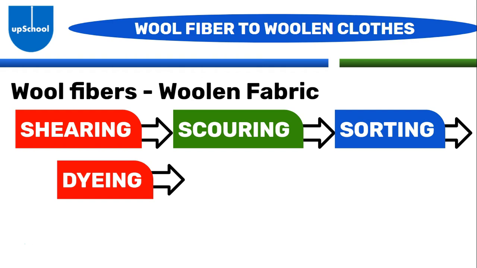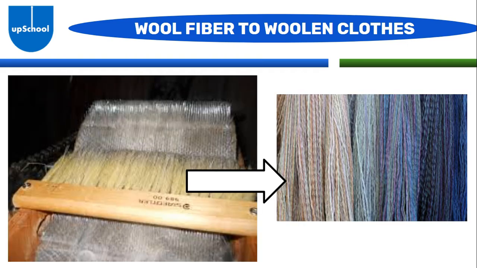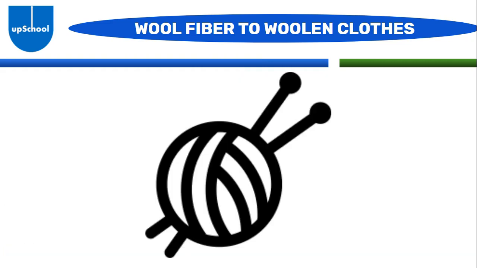So after dyeing, the next step of turning wool fiber into woolen fabric is straightening. Obviously, the woolen fibers are kind of in clumps, but they need to be straight. So a factory straightens this wool so it's sort of in this thread shape.